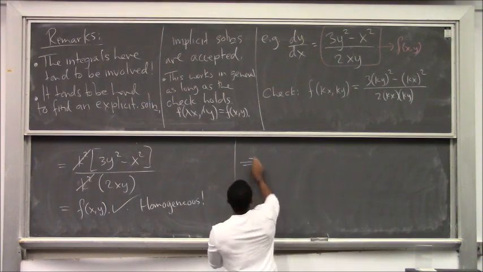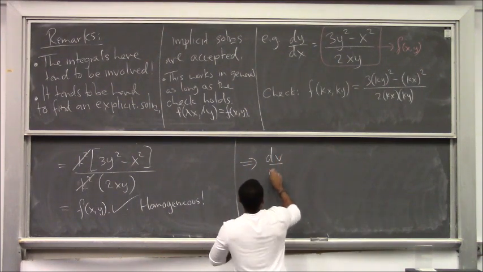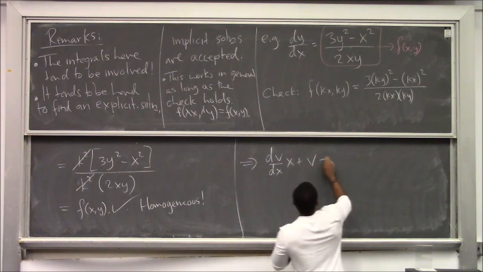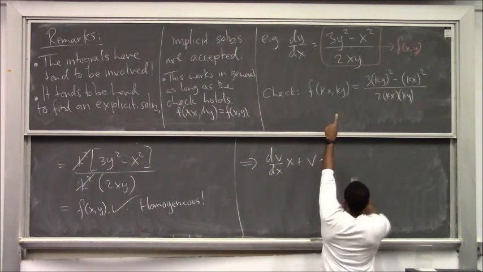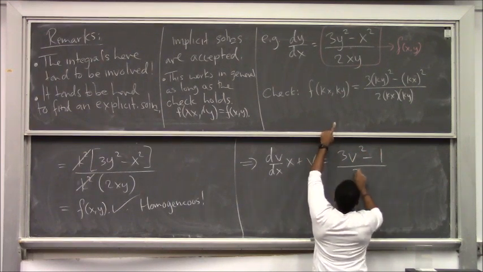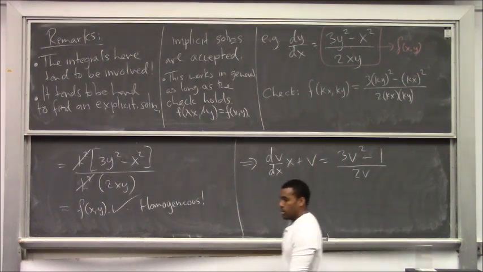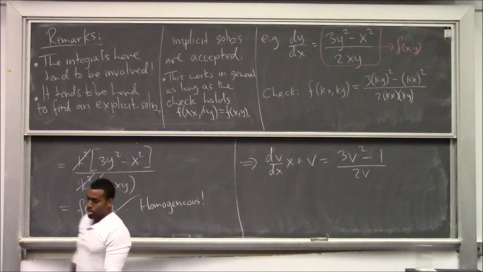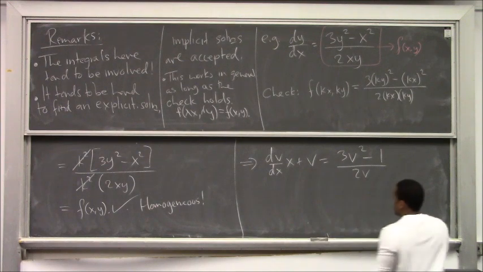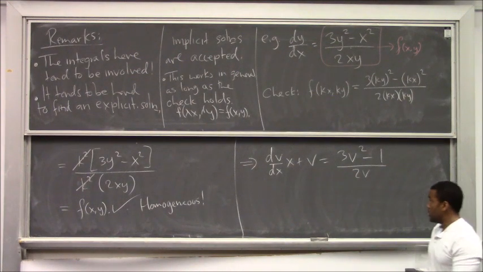So this immediately implies that dv dx times x plus v is going to be equal to, everywhere I see a y, I put a v, everywhere I see an x, I put a 1. After the substitution, that's what it's going to look like. I can just jump to this step. Now, as I mentioned, this will always be separable.